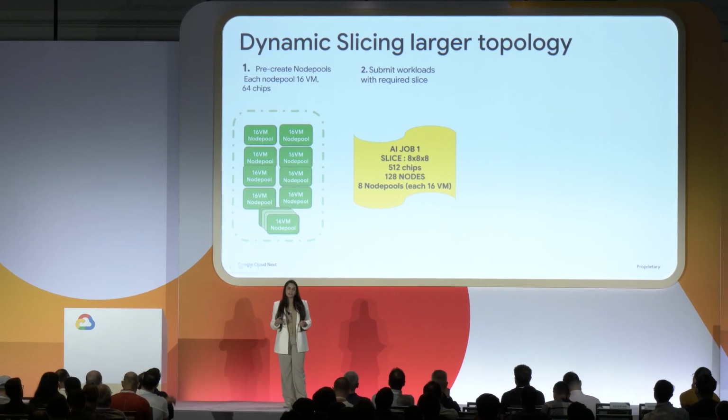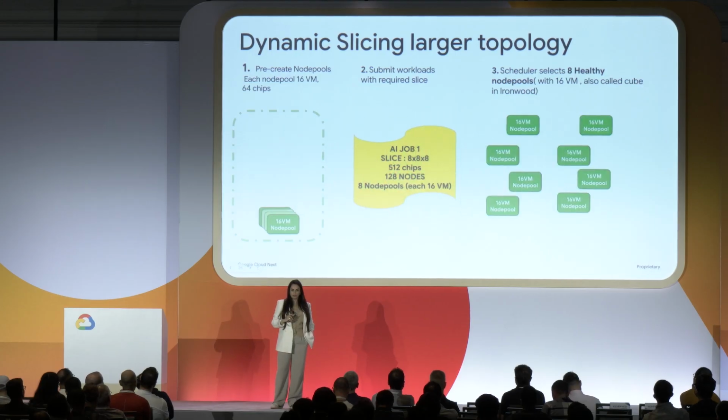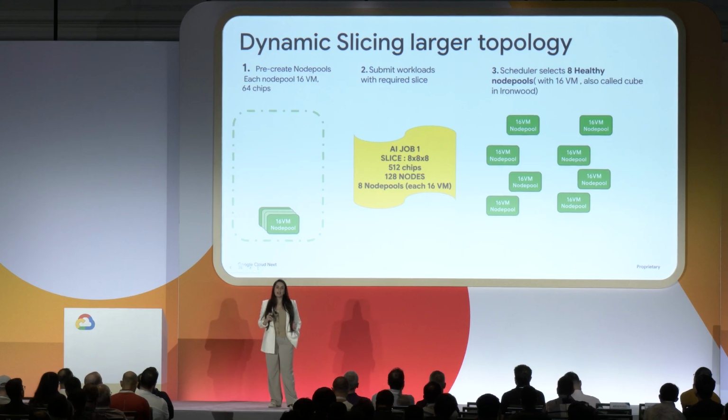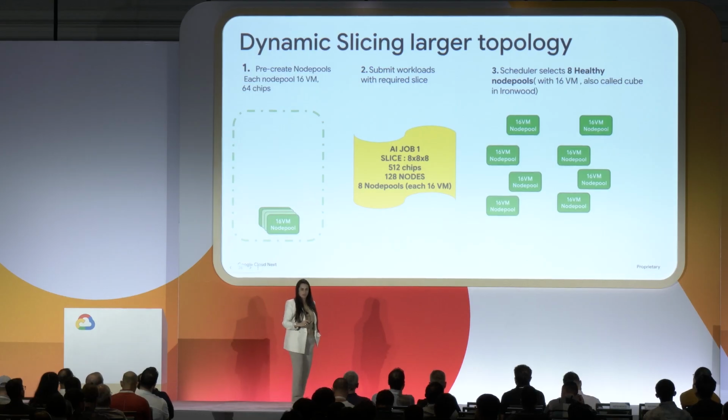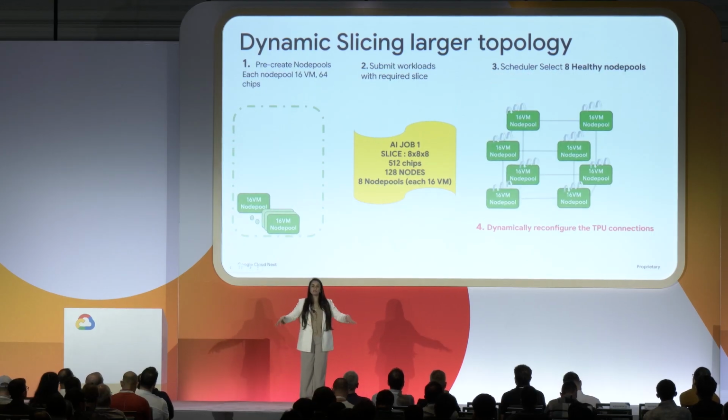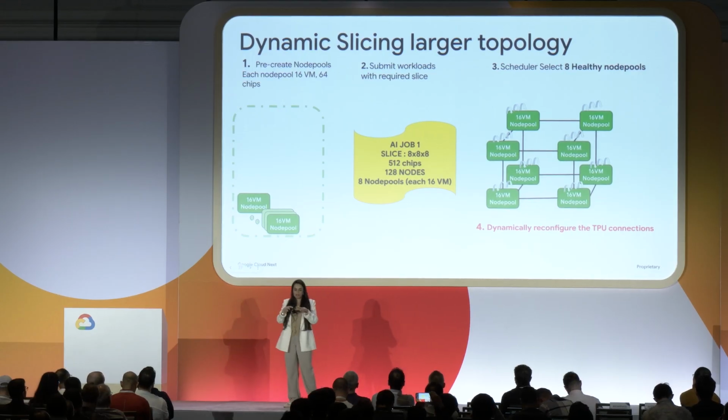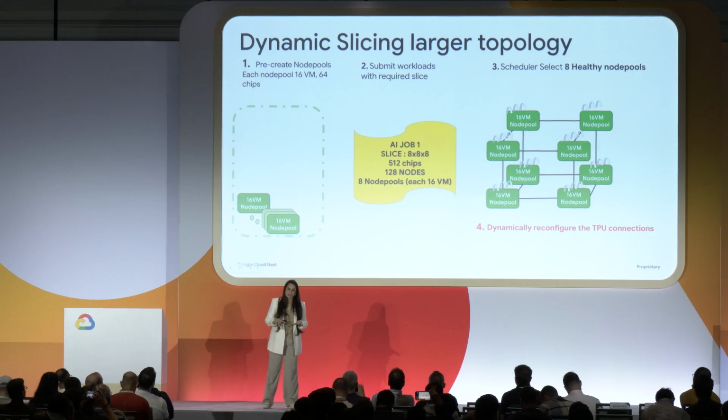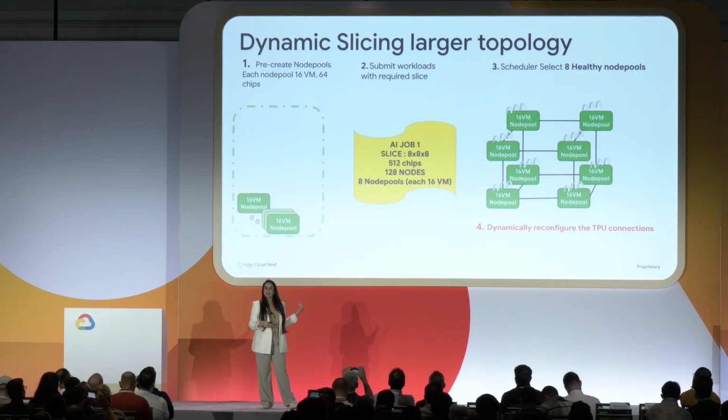GKE, or the dynamic slicing scheduler, is going to pick 8 healthy node pools, because 8 node pools add up to 128 nodes. And once it figures this out, it's going to work with the TPU infrastructure underneath to form the network TPU fabric. That is what we call a slice, getting them together into a single ICI domain.